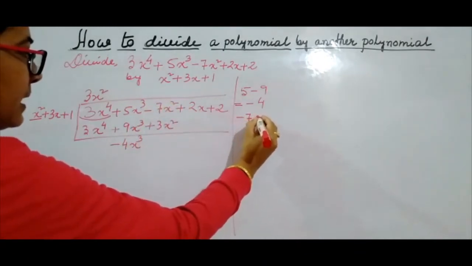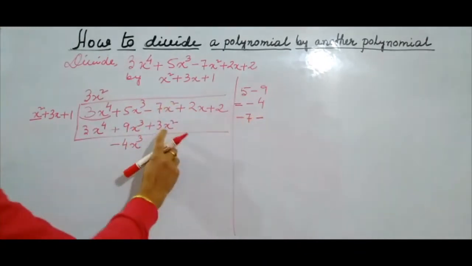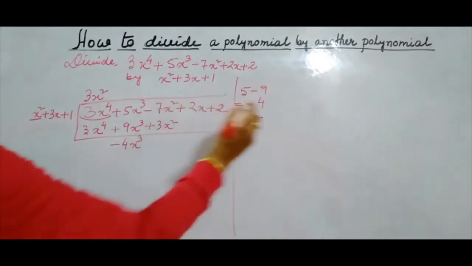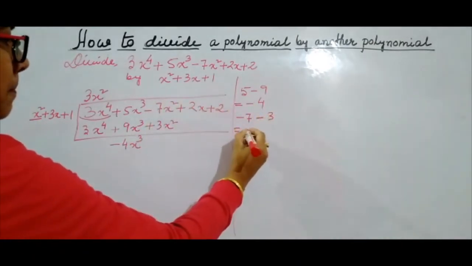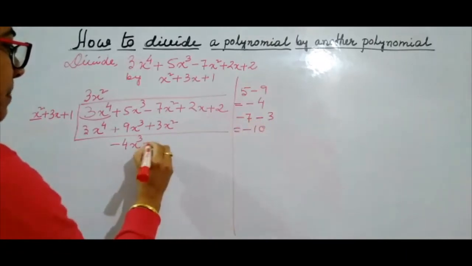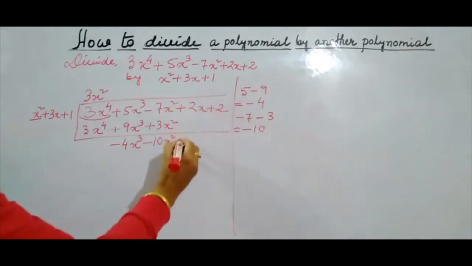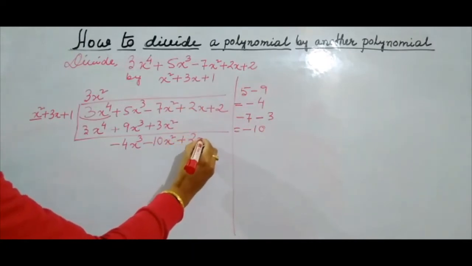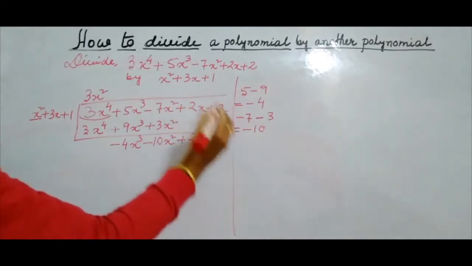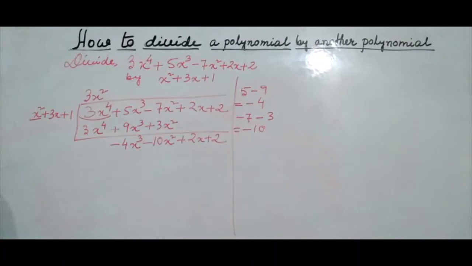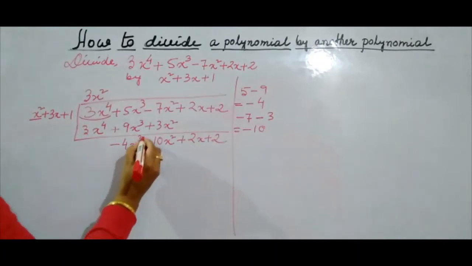We are subtracting, so one minus sign, and the coefficient of x square is plus 3, so it will be minus 10x square. And the other two terms will come down: plus 2x plus 2.